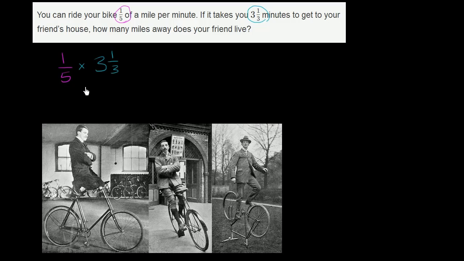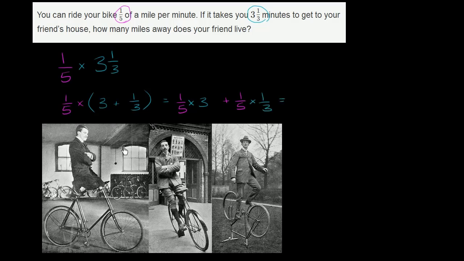So there's a couple of ways to think about it. You could literally view 3 1/3 as the same thing as 1/5 times 3 plus 1/3. That's exactly what 3 1/3 is. And then we can just apply the distributive property. This would be 1/5 times 3, I'm going to keep the colors the same, plus 1/5 times 1/3.